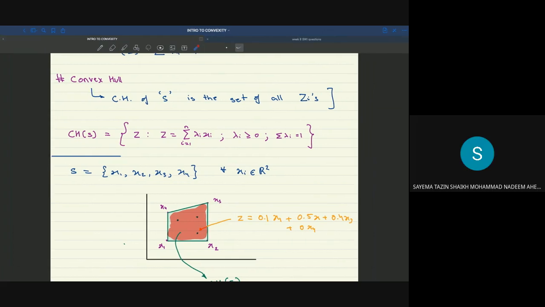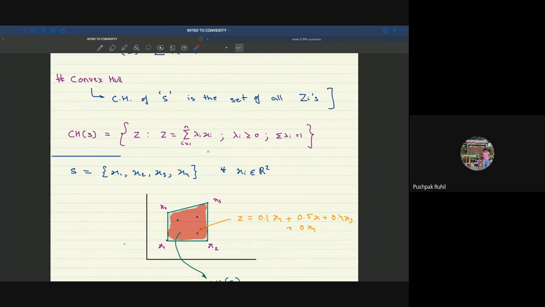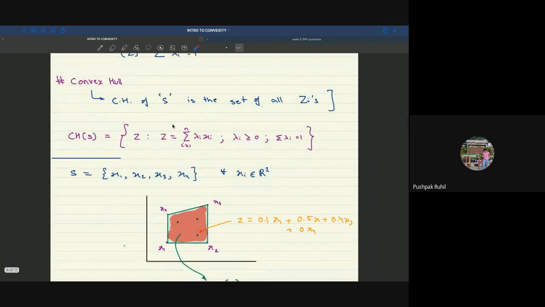This is what I'm trying to say. Z is a convex combination, not just a linear combination, and the set of all Z's is the convex hull. Right. Okay, thank you.